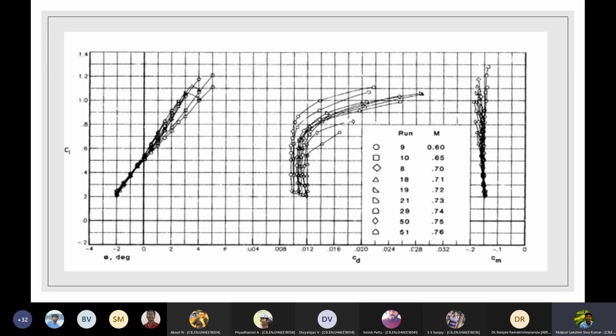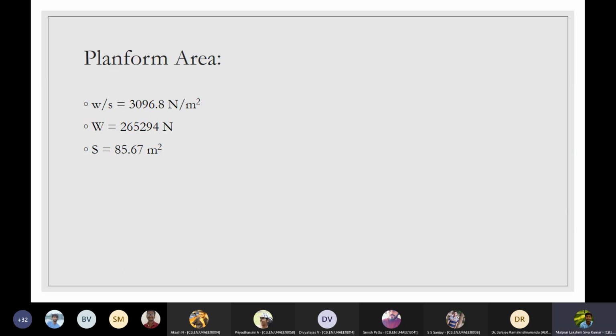From the experimental data, we have information like critical Mach number and drag rise Mach number. Coming to the planform area, which we find from the wing loading and the weight of the aircraft.